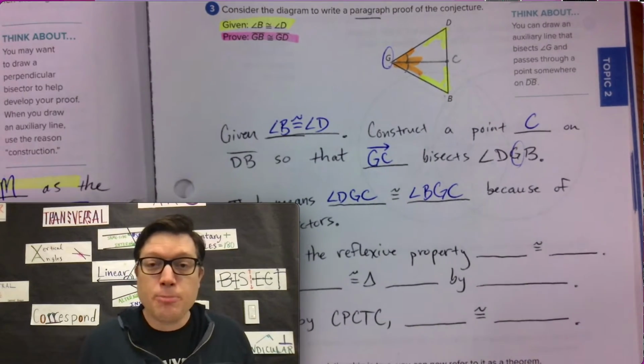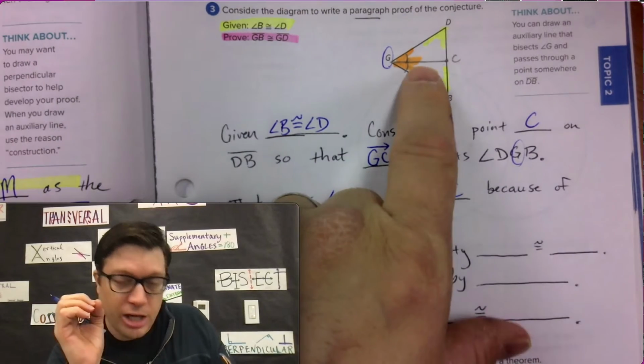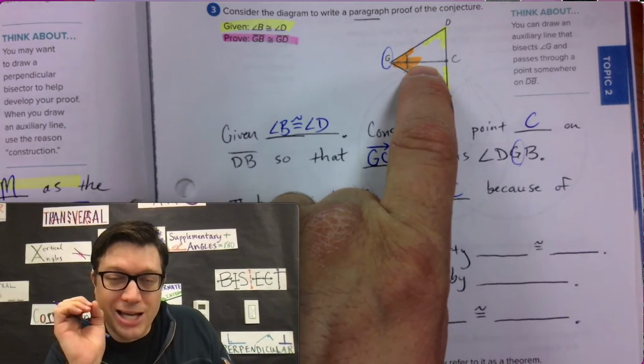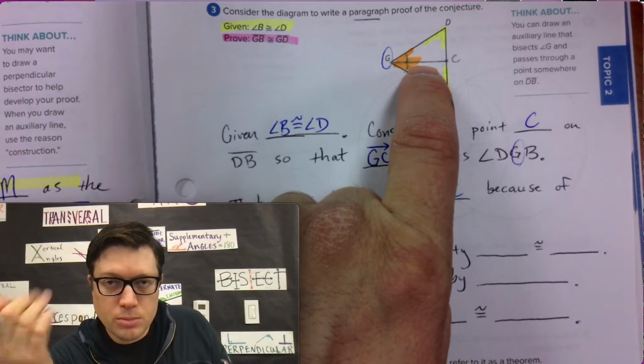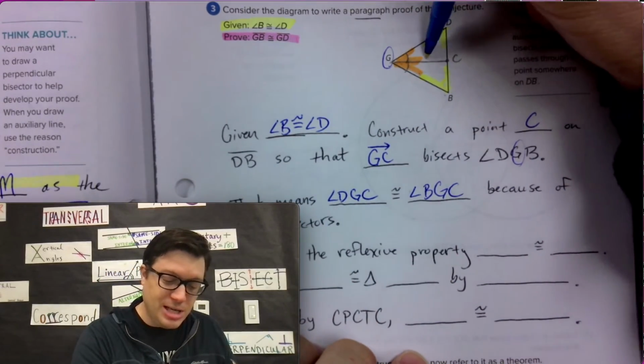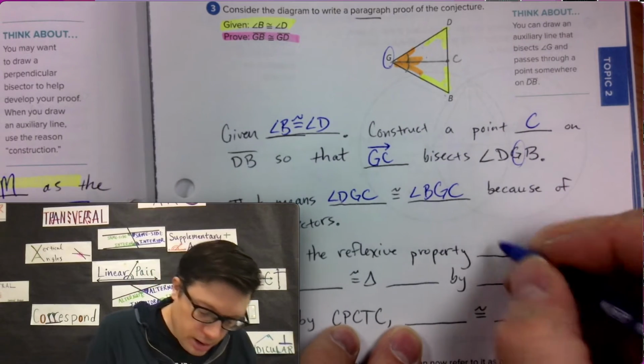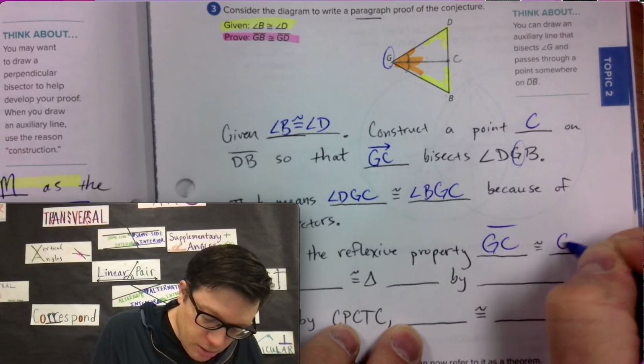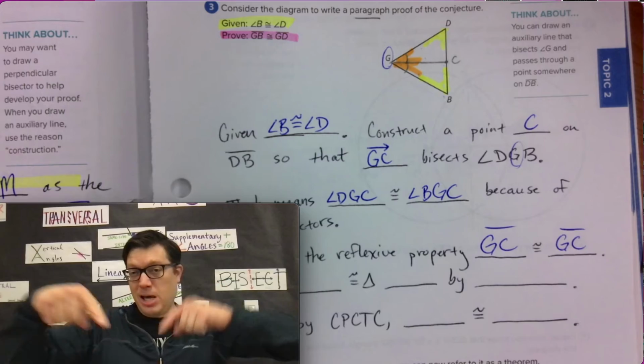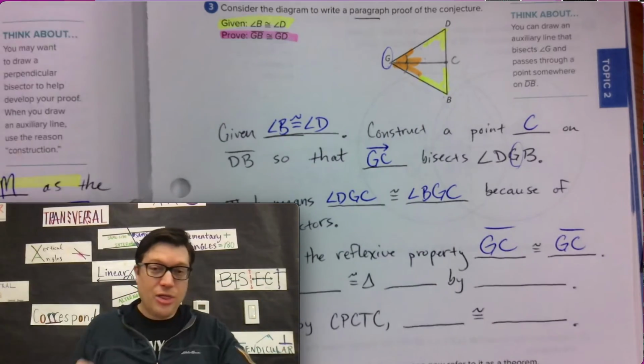Okay, reflexive property means that if there's a side that's shared in common by both triangles, we get to say reflexive property means it's equal to itself. So GC is in the top triangle and GC is in the bottom triangle. GC is congruent to GC, but it's being used in two different places. That's why we need this.